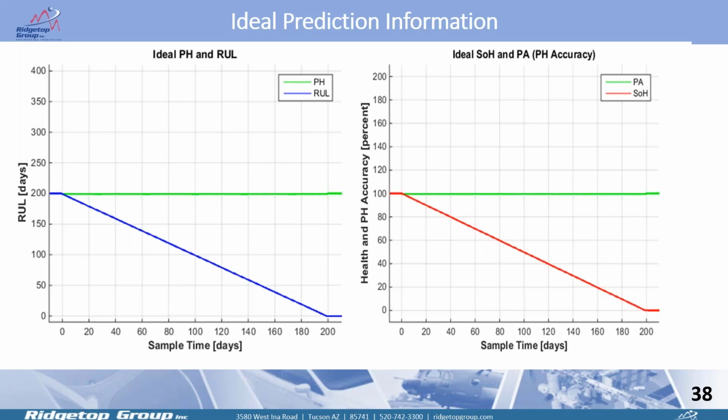And if you can do that, then ideally you have a nice straight line progressing from 200 hours, and then 200 hours later is 0. Nice and ideal. Your prognostic horizon would be equal to 200, a nice straight line. State of health should progress from 100% to 0% at the same time. That's ideal. That's what you measure your accuracy against.